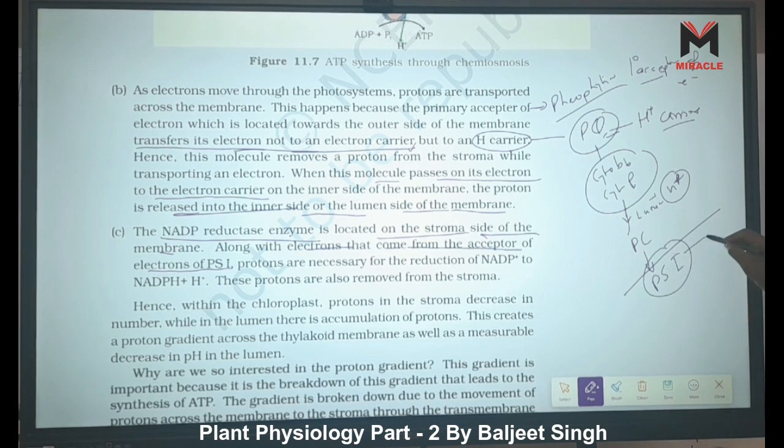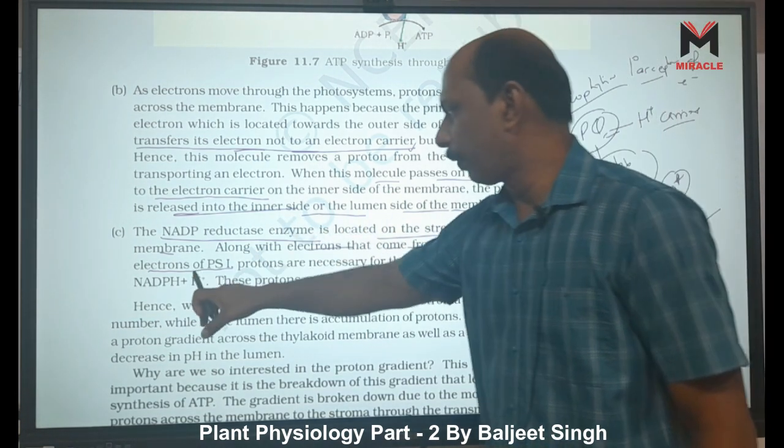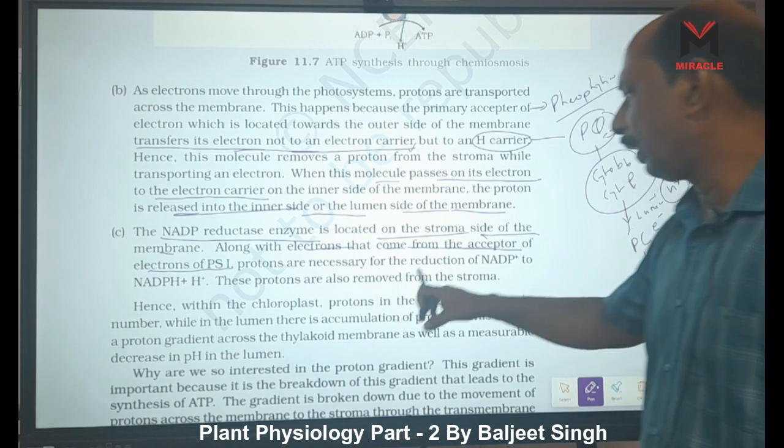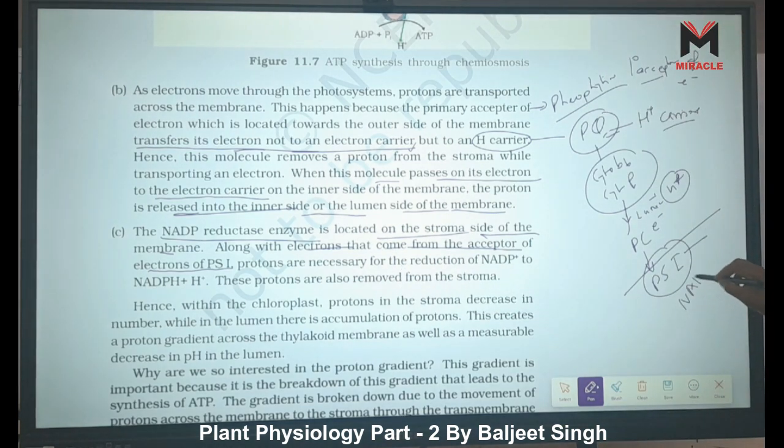Now the electron that comes to PS first, along with it, protons are necessary for the reduction of NADP. Look here, on this side NADP is present. Now this NADP is reduced to NADPH2.